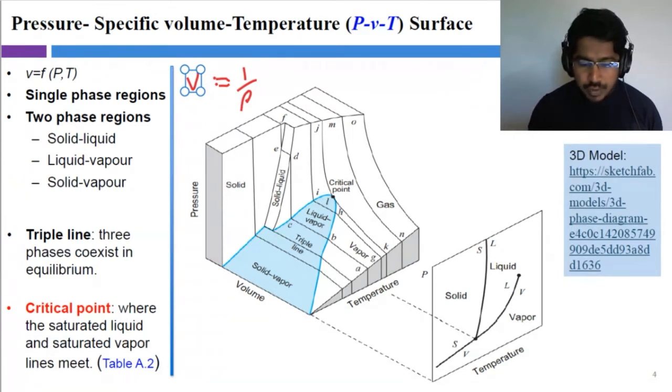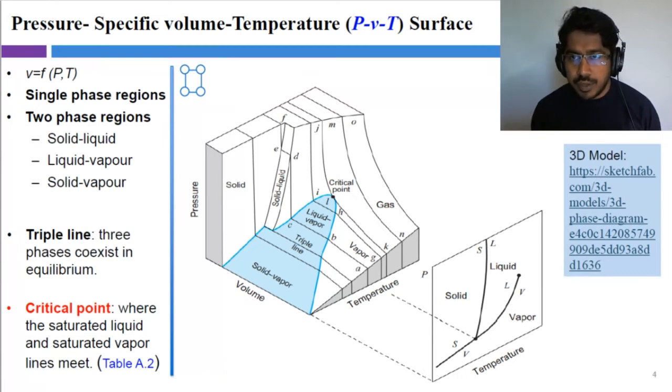So if density is a function of something, then the specific volume is going to be a function of the same variables. So we can say that specific volume is a function of pressure and temperature, or in other words, specific volume depends on pressure and temperature, right?